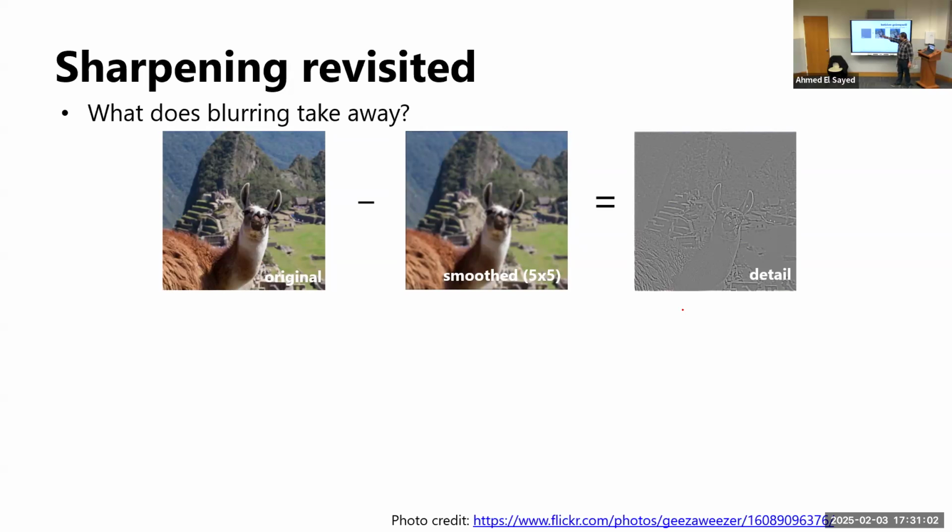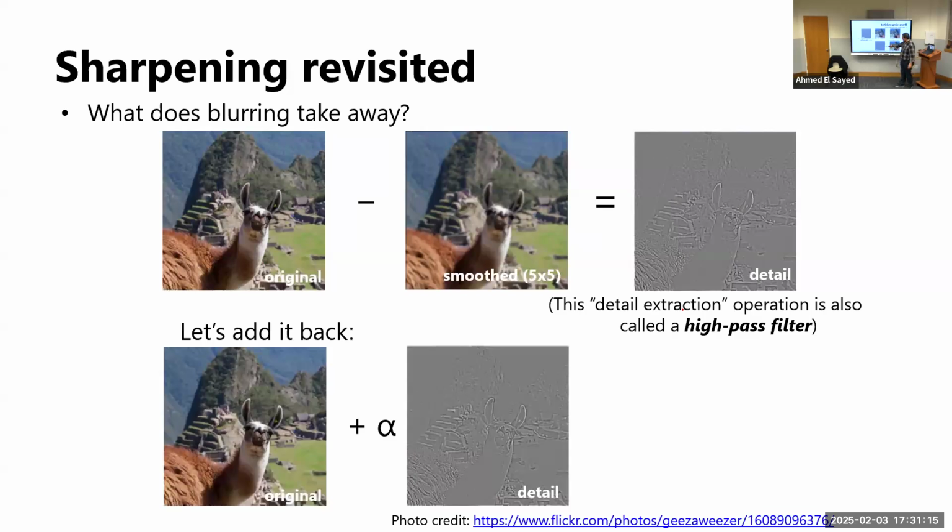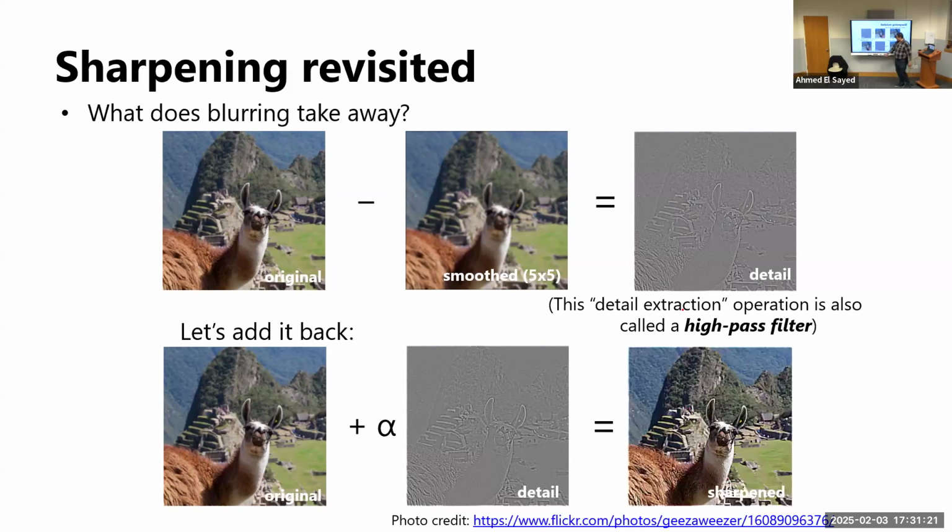So this is smooth. So this includes edges. This is without edges. So remove this from this. The remaining is the edge. Now I can add this back to the image with a specific weight, whatever the weight is. In this case, I'm having a sharpened version.